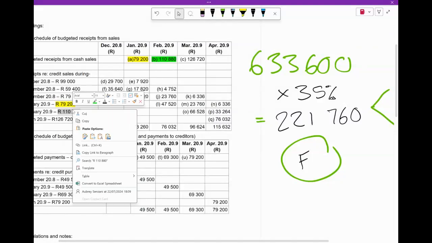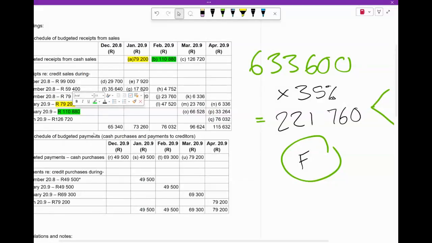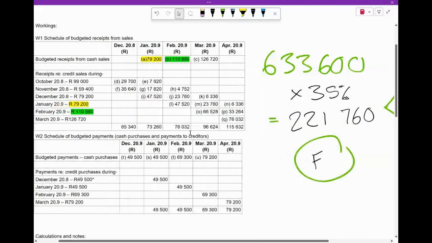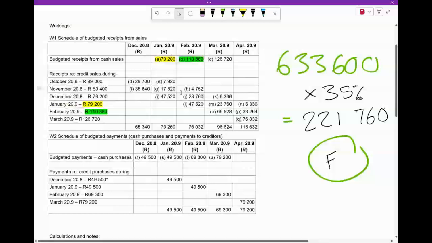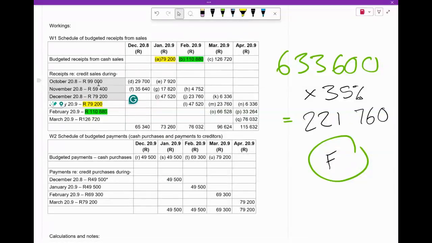So again, I just want us to understand how did we build our schedule? Once you have finished getting how much I should receive in cash sales and how much I should receive in credit sales, we then say, okay, cool, now we need to build our schedule. These amounts here from October to December were given to us. That was 0.8 in the additional information, so there we didn't need to do any calculation.